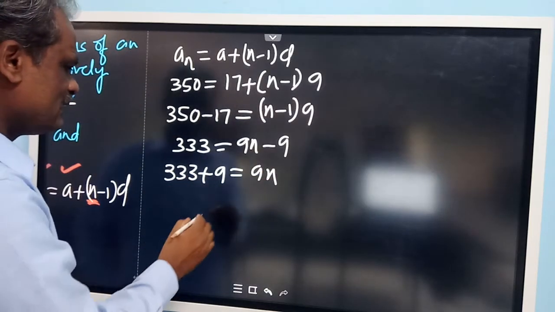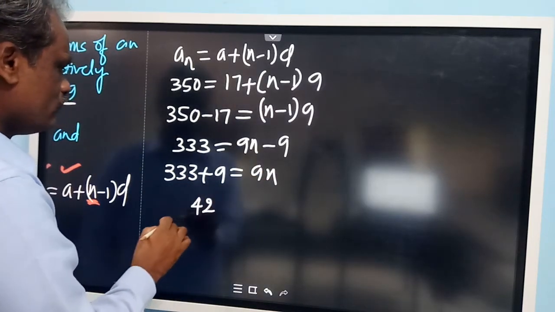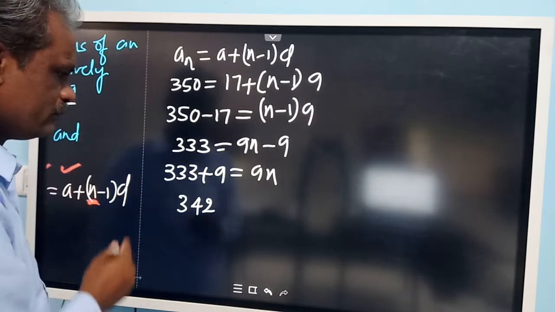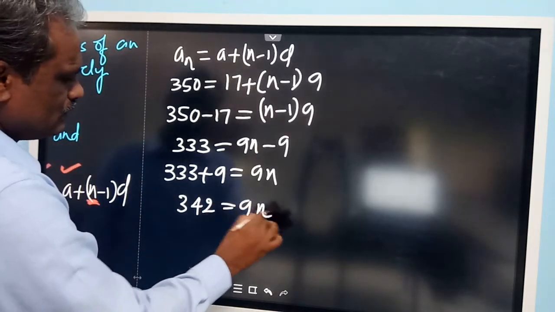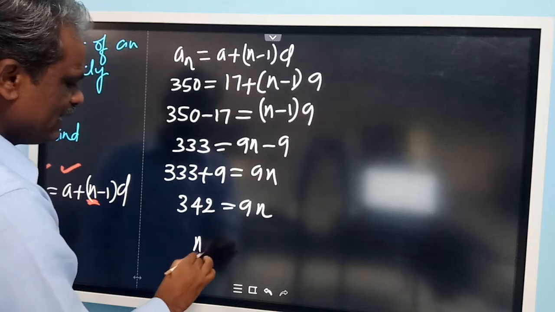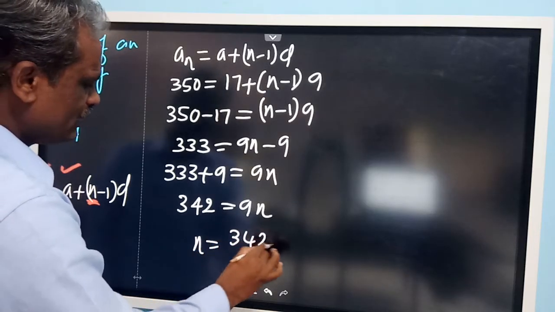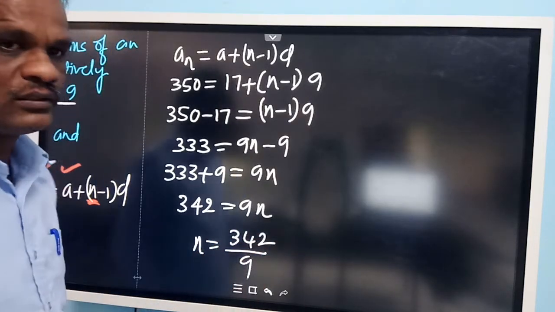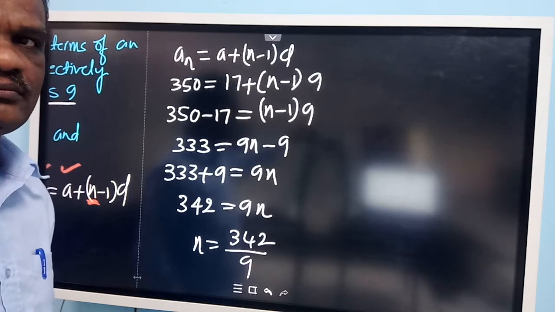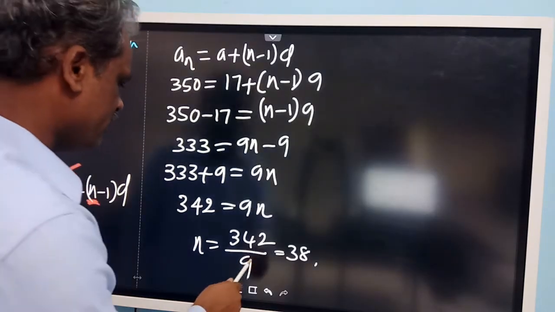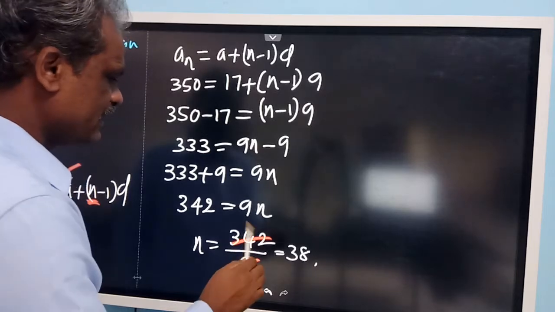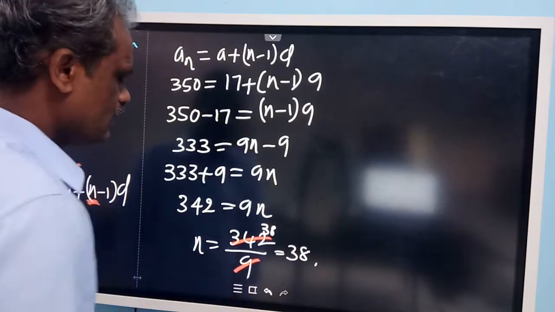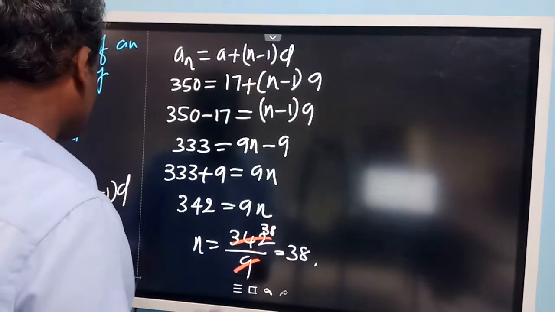If you add this, 342 is equal to 9n. You can simplify this: n is equal to 342 divided by 9. When you divide by 9, we get 38. So the n value we got is n is equal to 38.